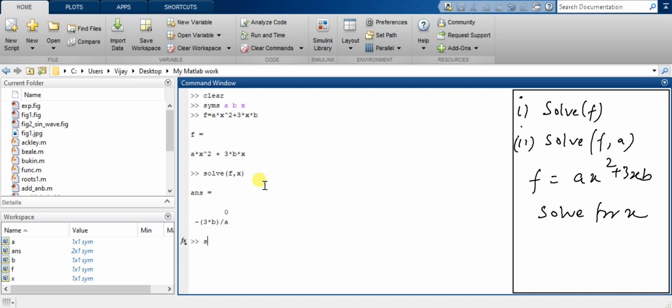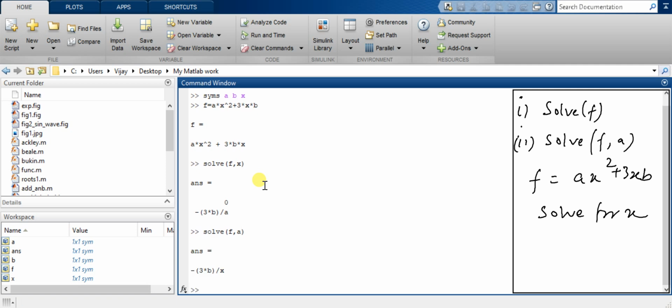Now we can solve this expression f for a also. When you enter, this will give you minus 3 into b divided by x. You can solve for any particular variable or object. I hope this example is clear to you all.